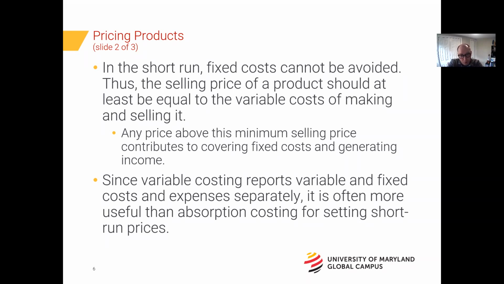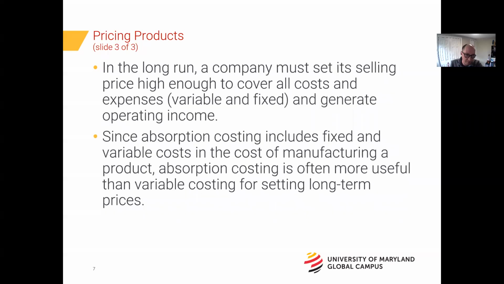Under the long term, we typically look at variable costing models. Why is this important? It's mainly because we need to make sure that our selling price will cover our fixed costs and will help us to generate a revenue or an income. And of course, listing a sales price above your costs takes into consideration the idea of target profit.